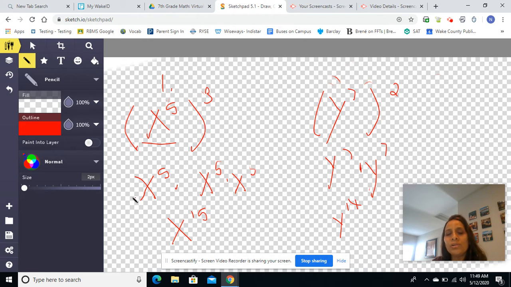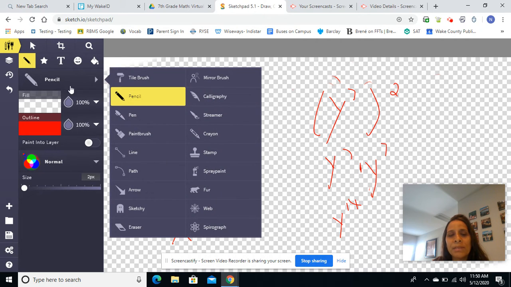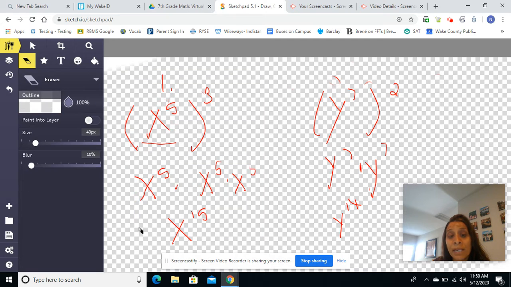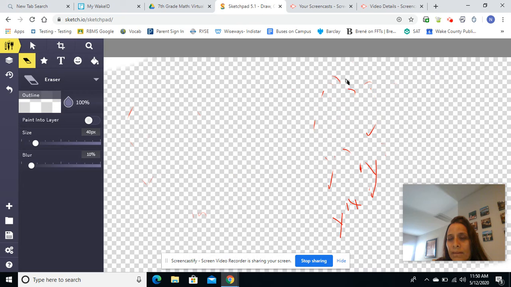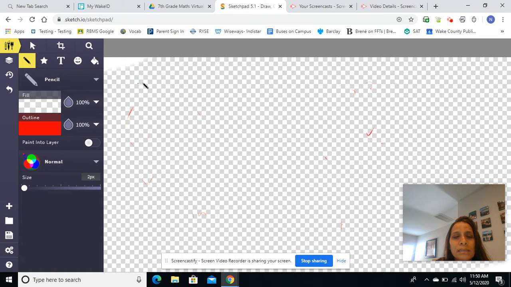Now, you could write it down as many times as it tells you to, but what happens when the numbers become bigger? So this is just 5 and 3 and 7 and 2. What happens when I have y to the 20th raised to the 8th power?